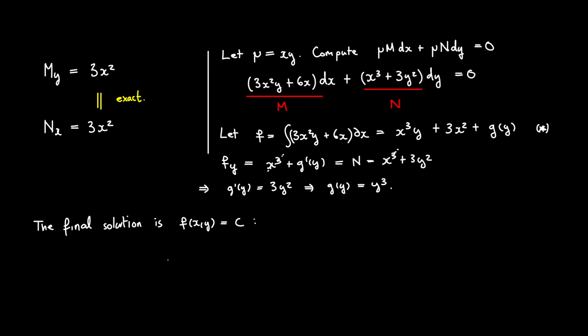And what is that? Well, that's just going to be x cubed y plus 3x squared plus g of y, but we know what g of y is. That's going to just be y cubed. And we set that equal to C.